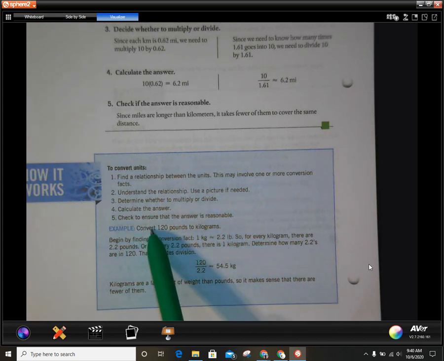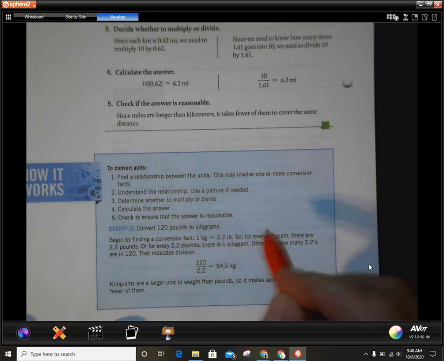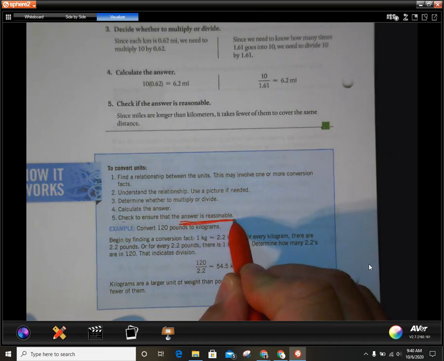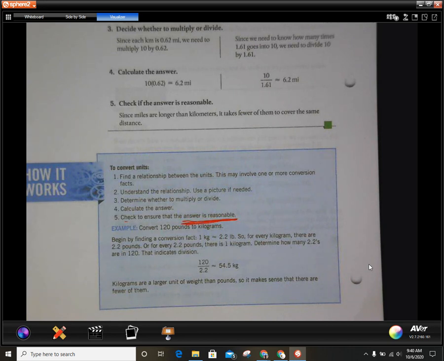Then you calculate it, and here's really the important part: we want to make sure that your answer is reasonable. I've had some students turn in papers where they're measuring the wing of an airplane and it comes out to 4 inches. Well, that doesn't seem reasonable.